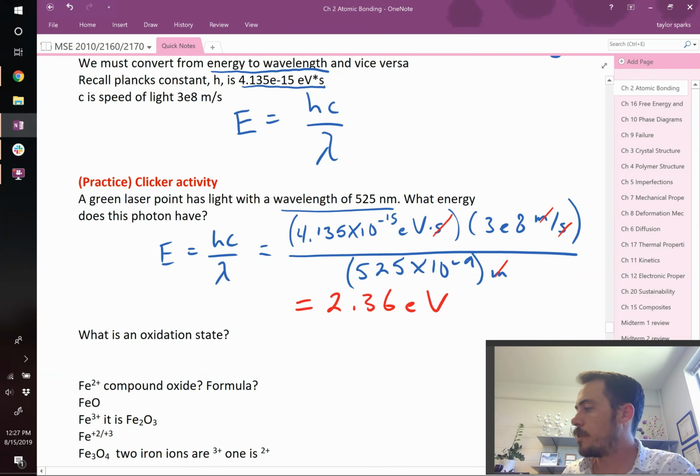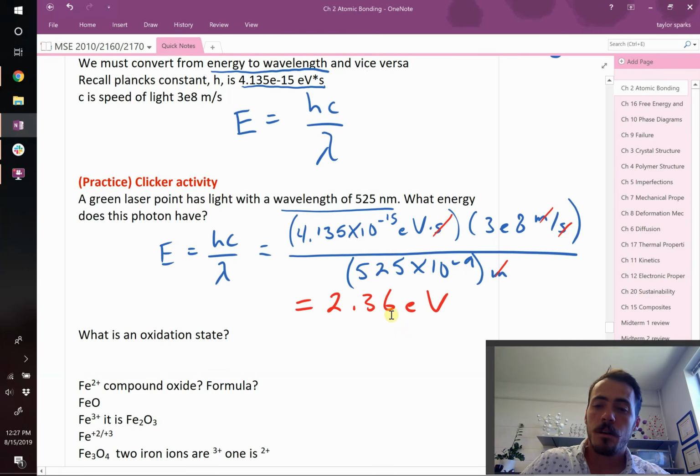So if you haven't used units in a while and you can't remember scientific notation, you're going to want to review those. The TAs are going to be super helpful with that, so ask them about it and they'll review it and you'll be good to go. In a clicker question, you might actually type in the answer, or it might be multiple choice or something like that. But that's typically what a clicker question will look like.